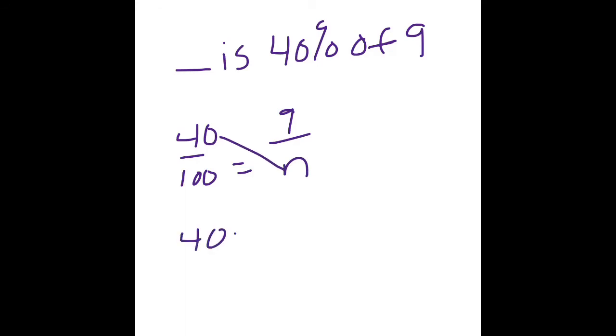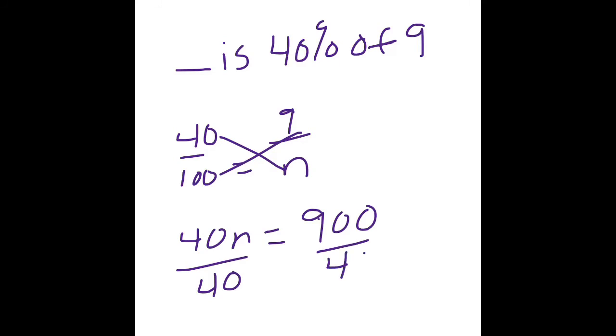So you get 40n. Of course, 100 times 9 is 900. Divide both sides by 40. 900 divided by 40 is, I got 22.5. 900 divided by 40. Yeah, it's 22.5.